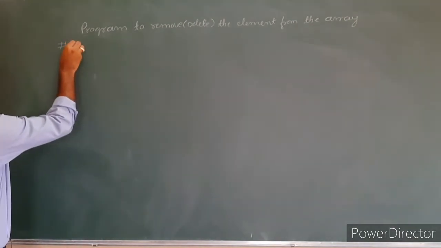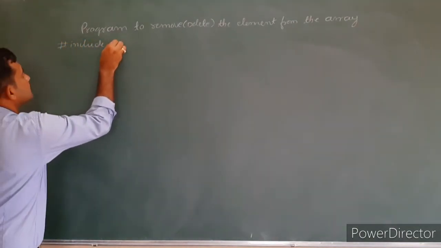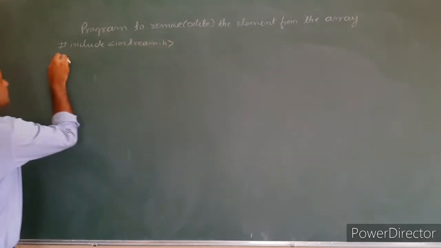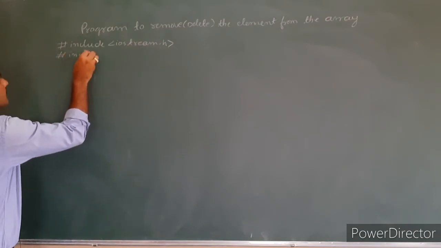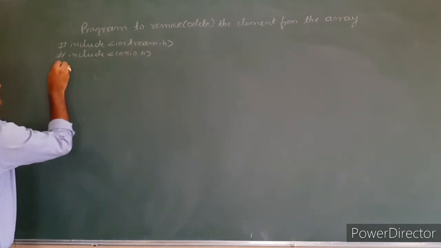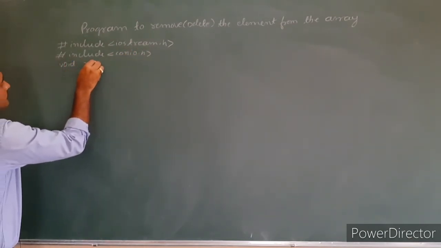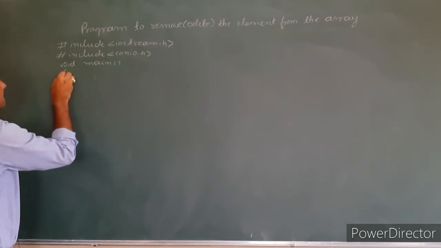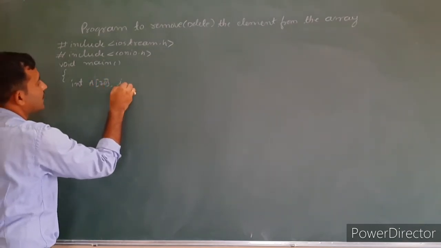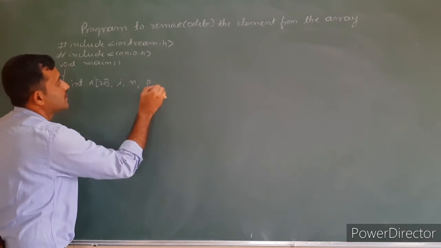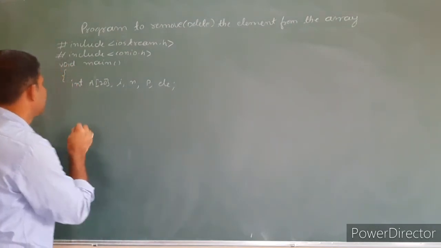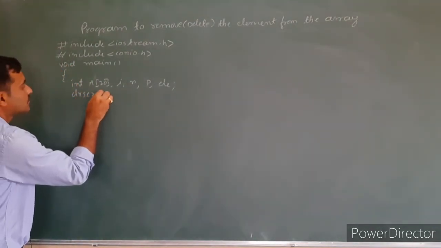So, commonly used preprocessor statements. So, declare an integer array a with 20 elements, index value i, number of elements n, and position to be deleted p. ELE is a temporary variable, it stores the deleted element. clrscr to clear the screen.